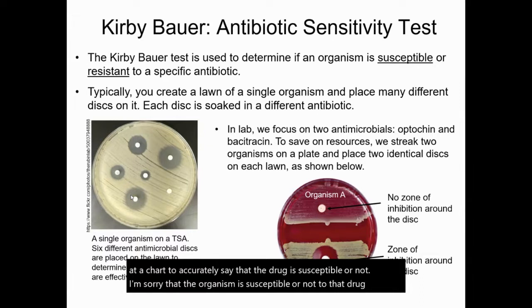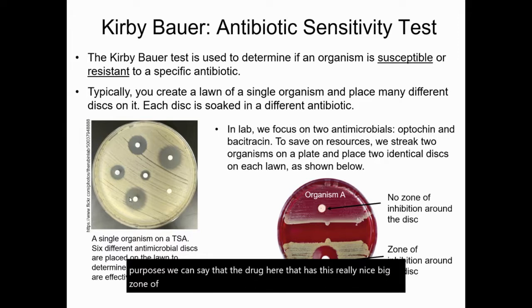But for this video and for the purpose of our lab, you're strictly looking for the presence or absence of a zone of inhibition, okay? So for our purposes, we can say that the drug here that has this really nice big zone of inhibition is a good treatment option for your patient, okay, because the organism is susceptible to that drug.